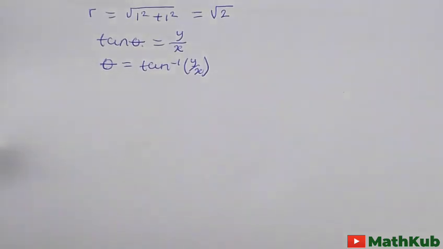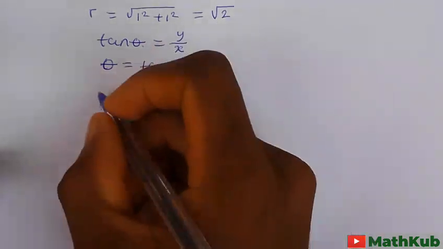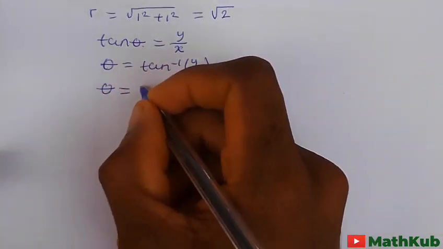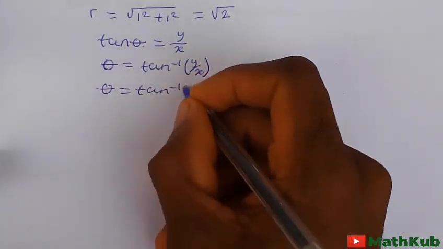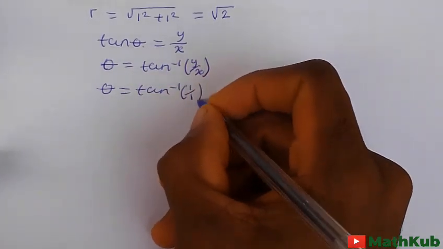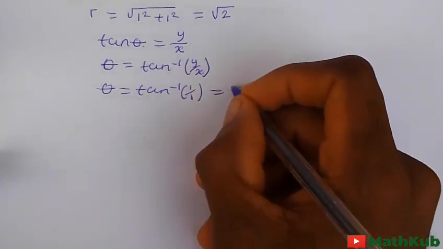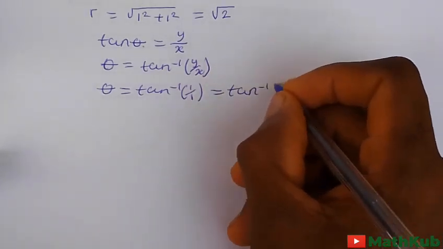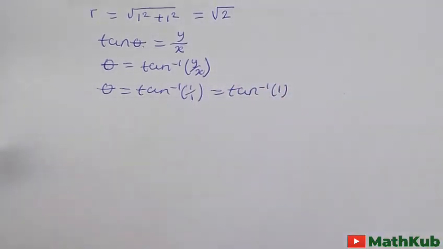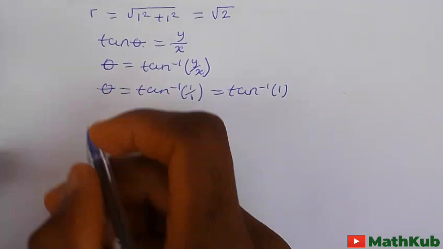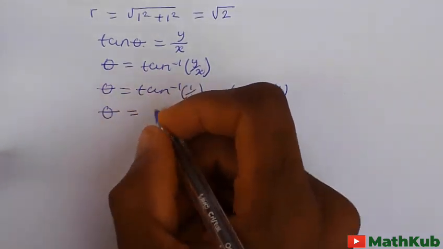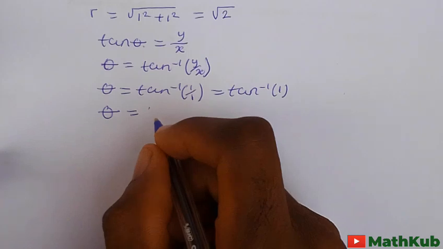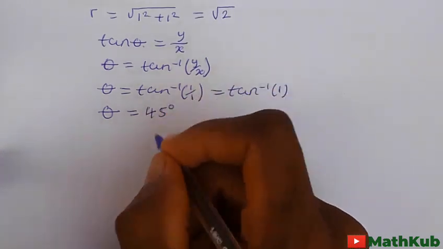From the question, y is 1 and x is 1. Theta will be equal to tan inverse of 1 over 1, which is equal to the tan inverse of 1. Theta, tan inverse of 1, is 45 degrees.